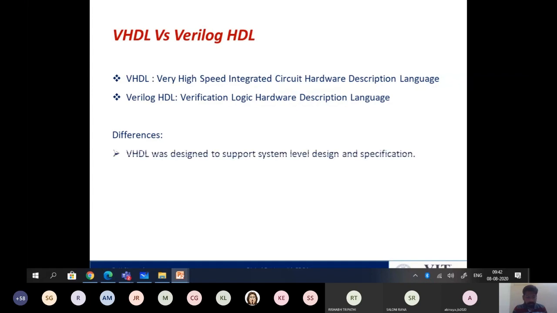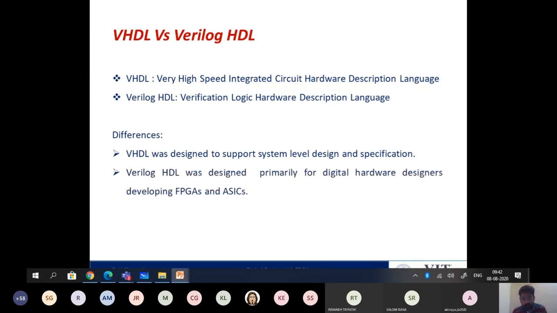The difference is VHDL is designed to support system level design and specification, and Verilog is primarily for digital hardware designers who are developing FPGAs and ASICs. Both can do FPGA as well as ASIC based design. It's up to the designer to go for VHDL or Verilog HDL. As you go through the language, you will find the difference between these two.